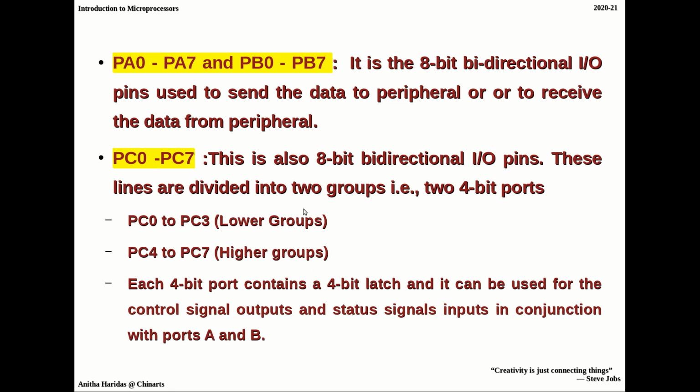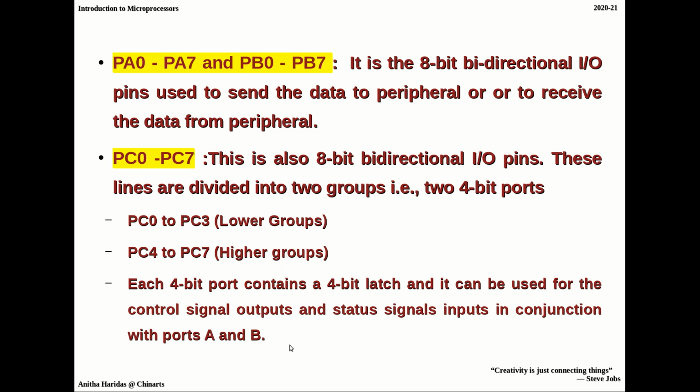So these are the two 4-bit ports, and each 4-bit port will contain a 4-bit latch, and this can be used for the control signal outputs and the status signal inputs in conjunction with port A and port B. So these ports are used along with port A and port B, whether for control signal outputs, where the control signals are to be generated, or for status signals that are to be read from the devices.